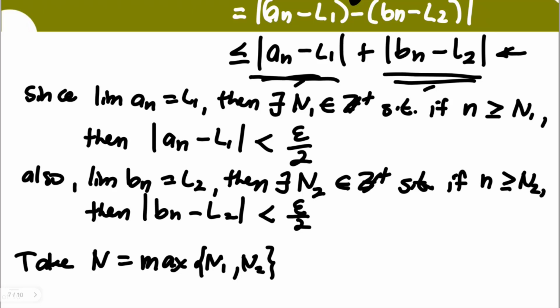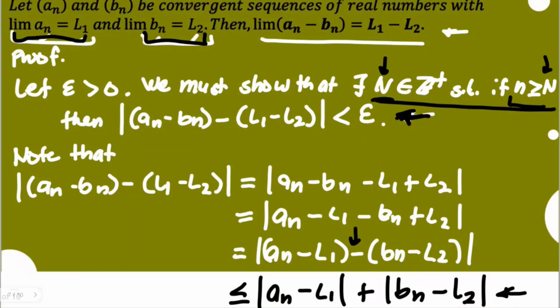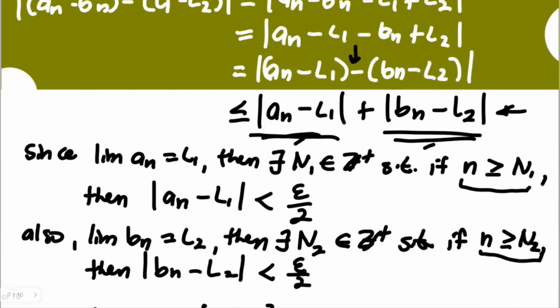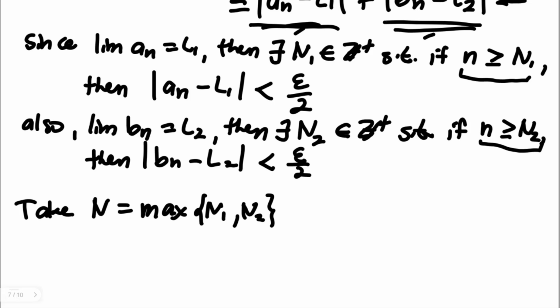Make sure you write yourselves, with the definition, that n is greater than n sub 1 and n sub 2. To make sure that this fits the definition, let's take the maximum, not the minimum. Because whatever will be the maximum, whether it's n sub 1 or n sub 2, and you're picking that, and n is still greater than that maximum, then definitely you are still on the right track.